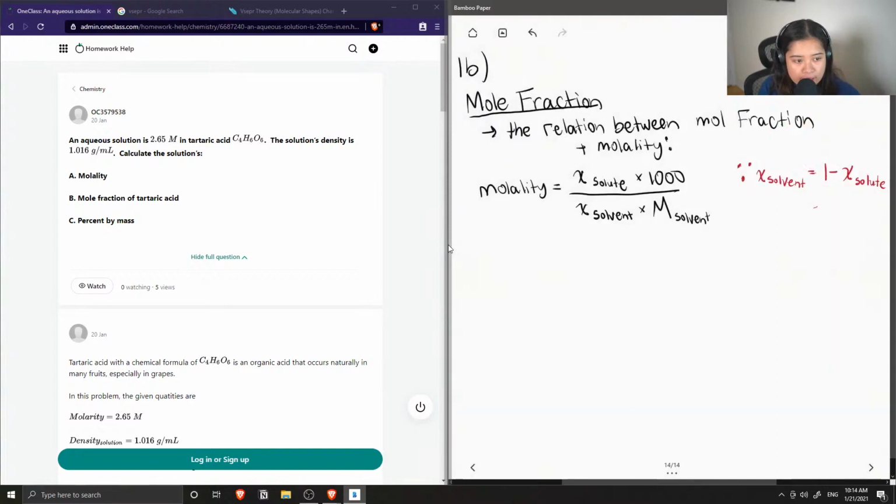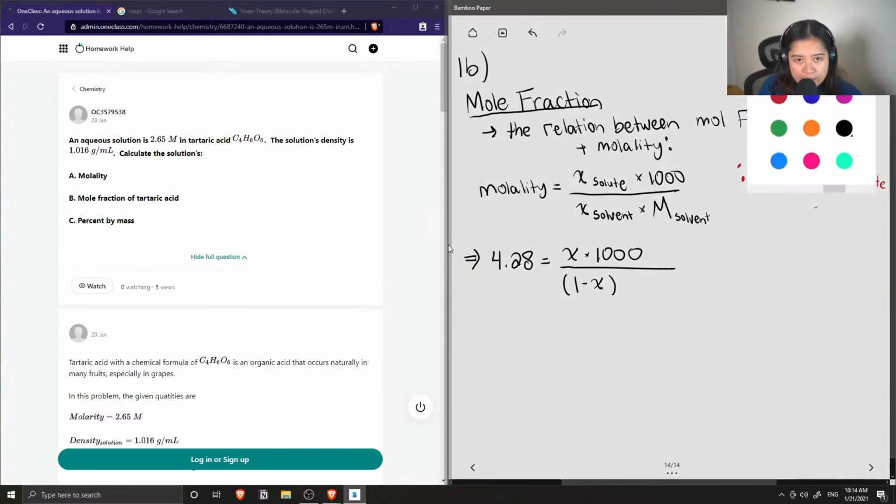So now let's sub in all of the values that we know. We know that the molality is 4.28, which we calculated in the previous step. And we're trying to solve for x. So we have x times 1,000 divided by, now we sub in 1 minus x times the molar mass of our solvent.